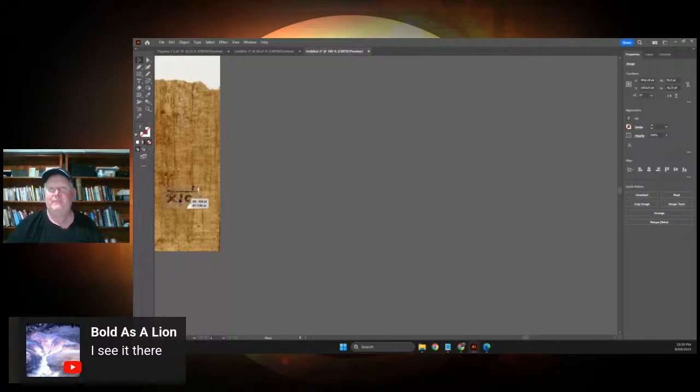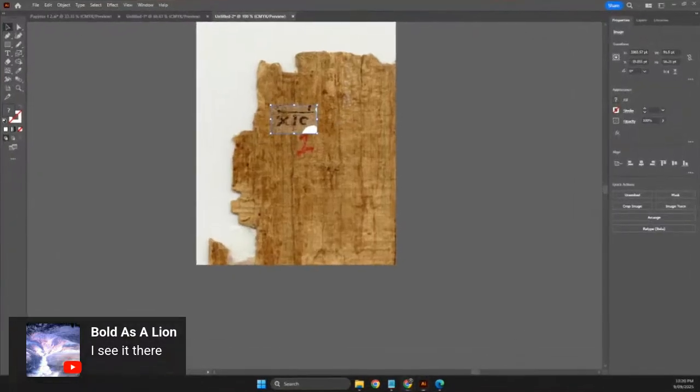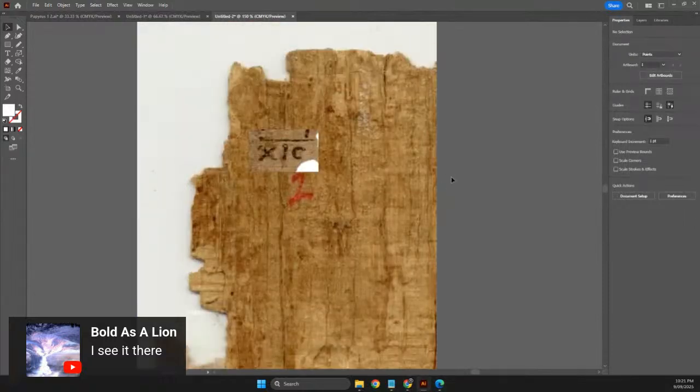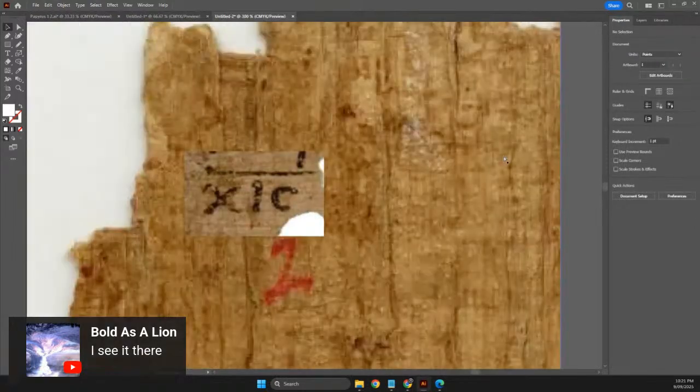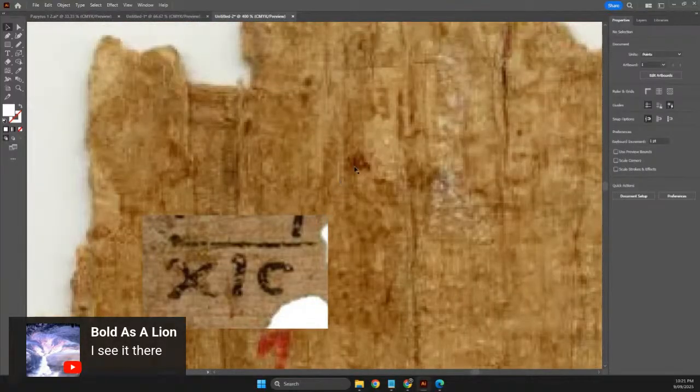Now, let's check this out. So that's what I'm seeing there. I'm not sure if you guys can see that. I'll make this bigger again, and I will zoom in. What do you think, guys?